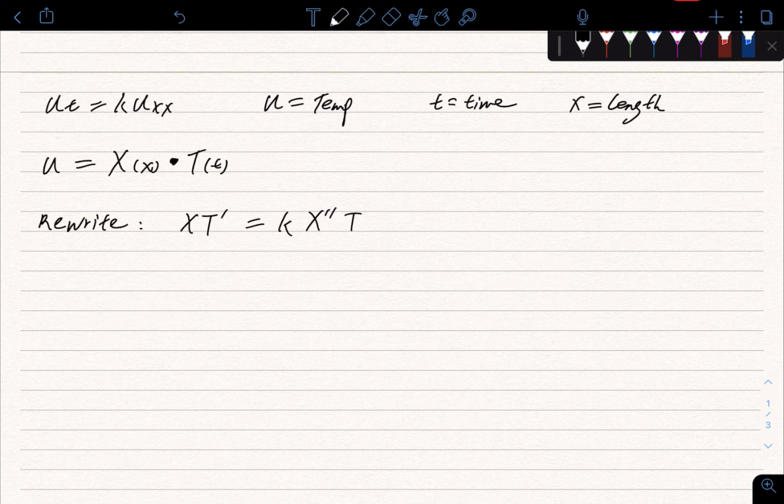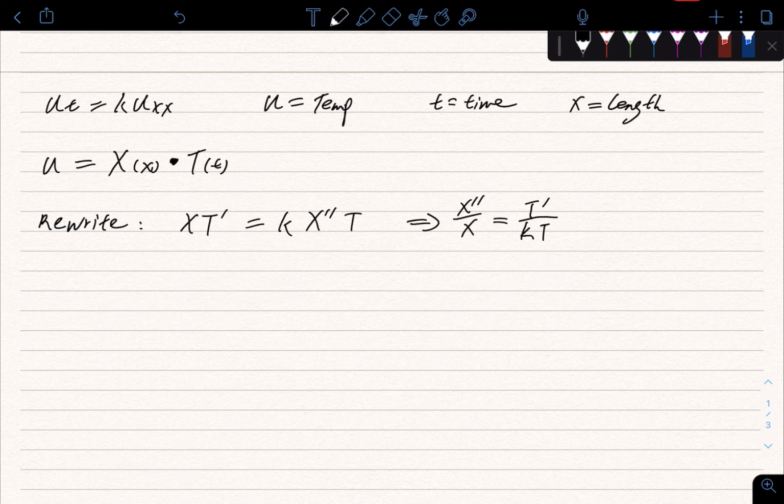Then you would realize that in order to solve a partial differential equation like this, what we can do is rearrange it. X double prime over X equals T prime over kT. Whatever the constant is in the partial differential equation, in our case, it always follows the T term, never the X term.